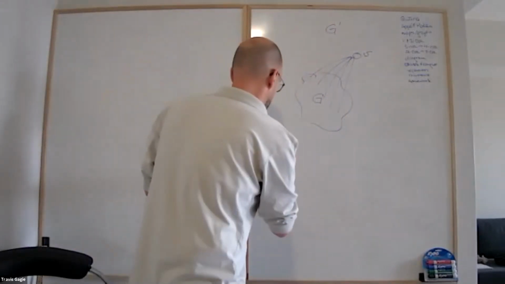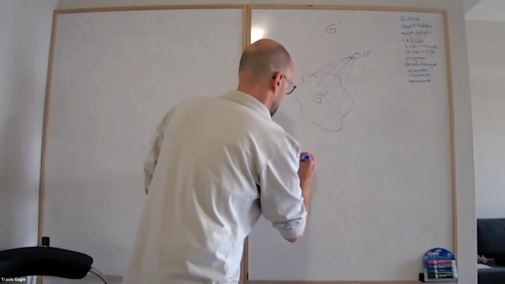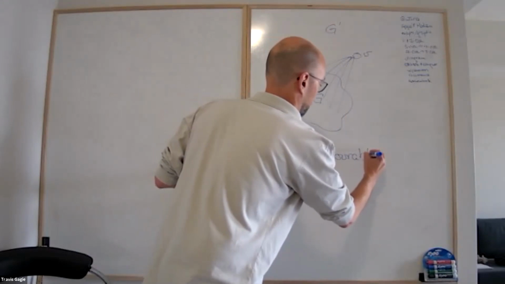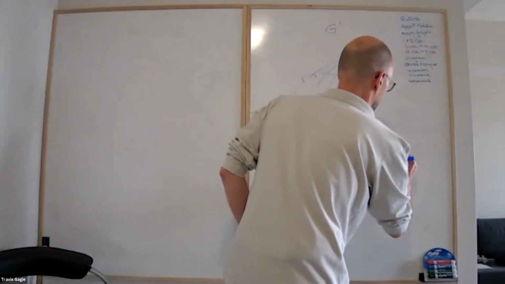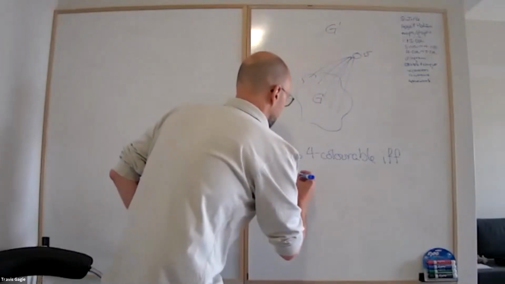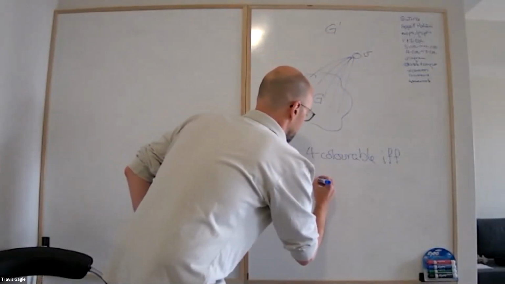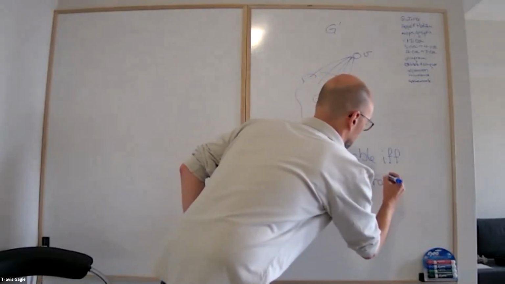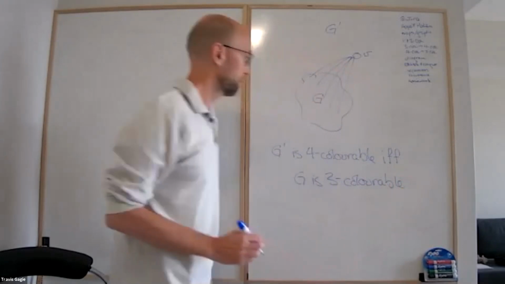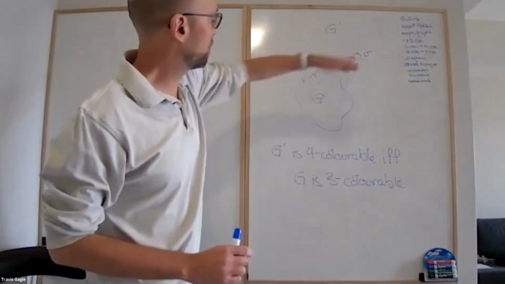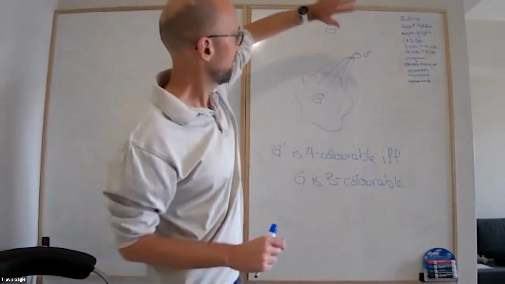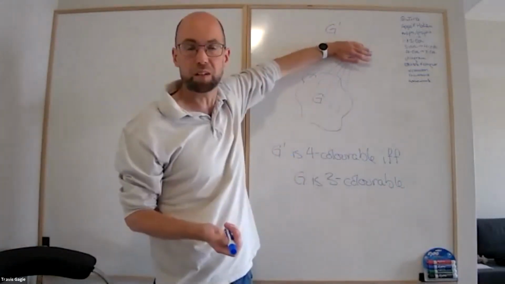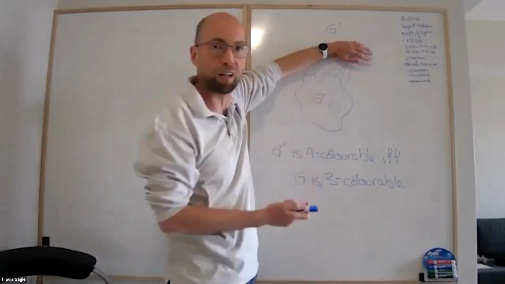Observe that G prime is 4-colorable if and only if G is 3-colorable. Why? If G prime is 4-colorable, then just take V away, and the remaining part G has to be 3-colored.